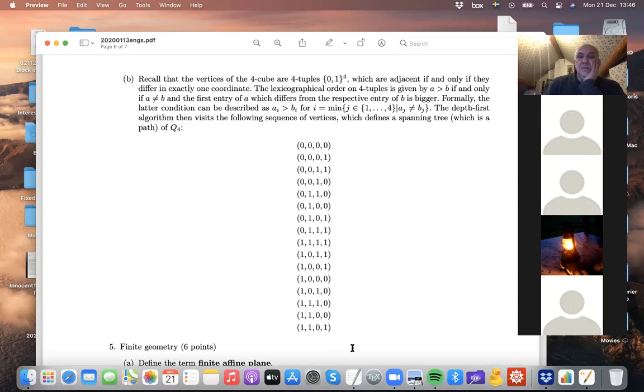So here is the list of all 16 possible sequences of zeros and ones of length 4. Now, how can we lexicographically order these things? This comes out of the section on rooted trees.